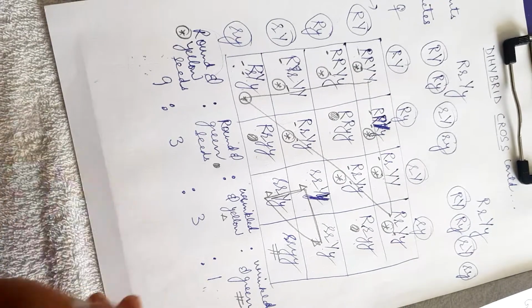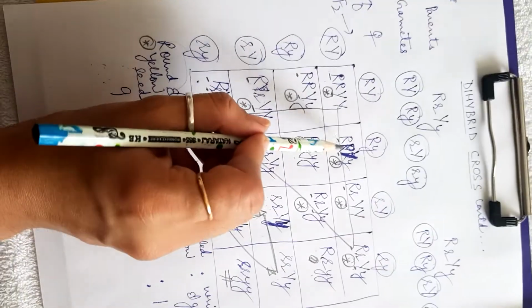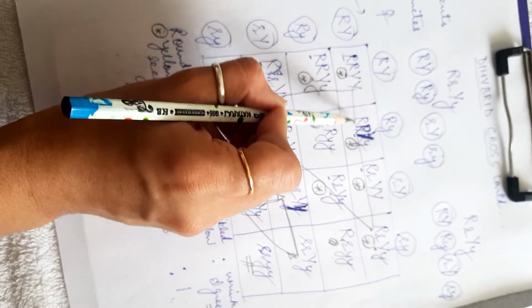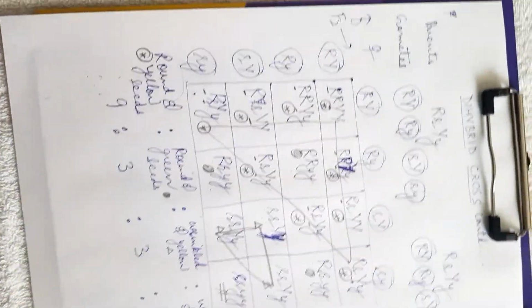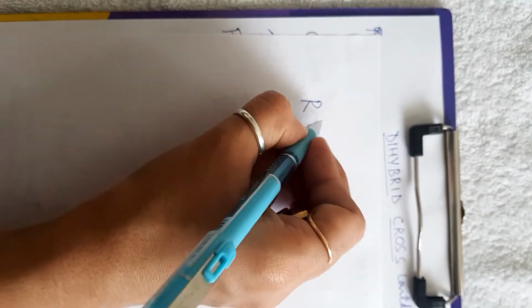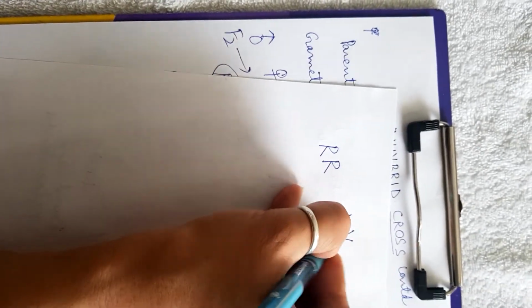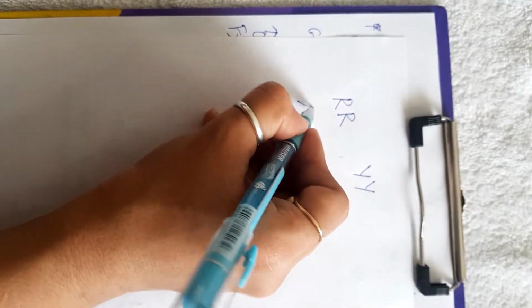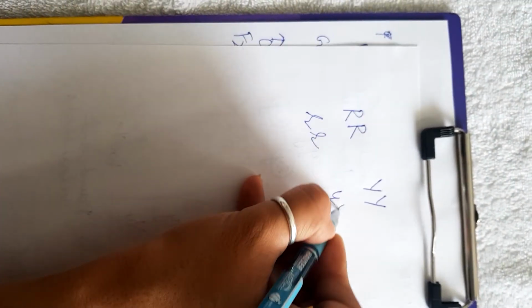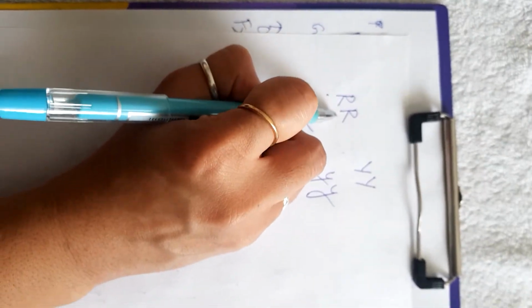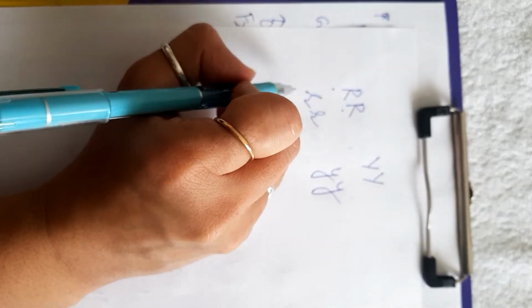Why have I written the capital R's together and the Y's together? The correct way of writing, whenever you take two traits, for example round and yellow seeds, which were dominant, is this: don't write round as capital R and wrinkle as WW.